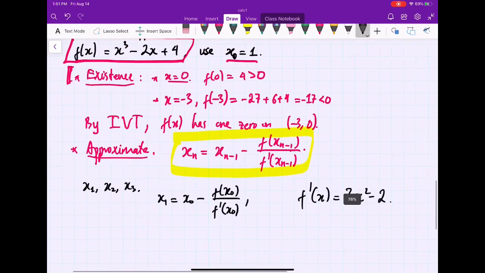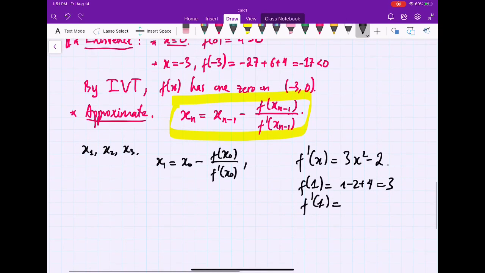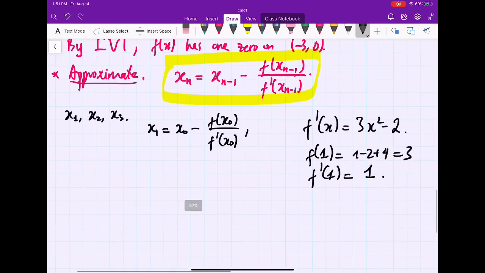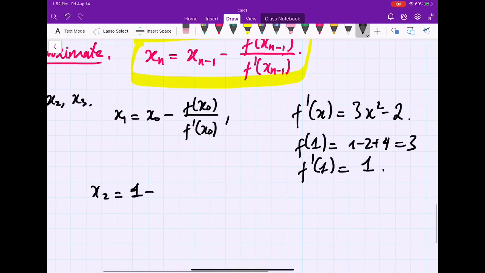I have f of 1 is 1 minus 2 plus 4, which is 3. f derivative at 1 is 1. Then x1 equal to 1 minus 3 over 1, equal to negative 2.